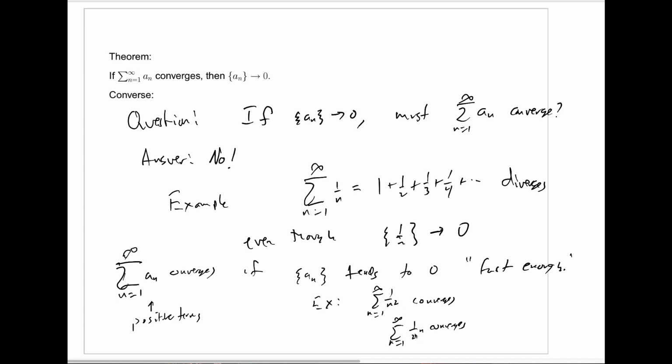In this case, 1 over 2 to the n converges to 0 much, much, much faster than 1 over n. 1 over n squared also converges to 0. The sequence converges to 0 much faster than the sequence 1 over n. We're going to learn some tests over the next 2 weeks that will give us a much better insight as to what constitutes fast enough. So we won't say more about that.